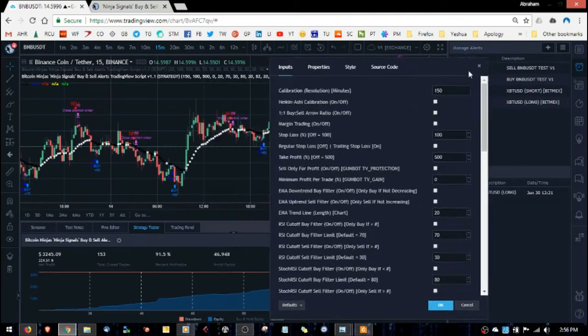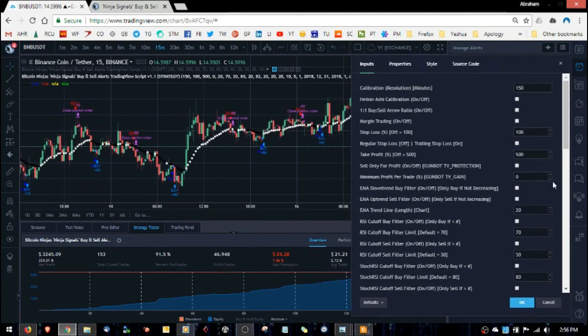Now there's features here that are more preference to GunBot and ProfitTrailer. This is called sell only for profit. And if I check this box, it essentially tells the script, or whatever trading system you're using with the script, to ignore any sell arrows or sell alerts that would happen if they don't result in a set number of profit or more.